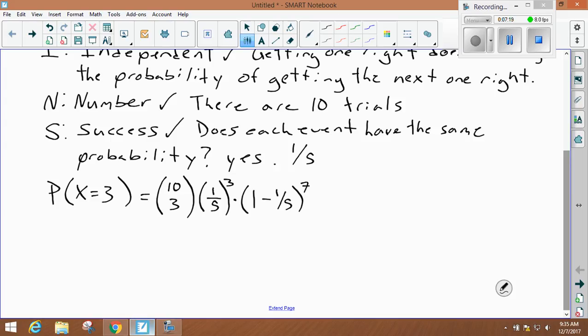Boom shakalaka. Alright. Which, if we calculate, turns out to be 0.2013.